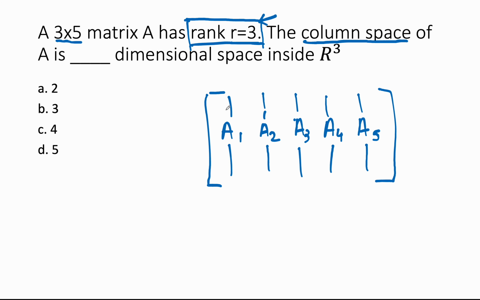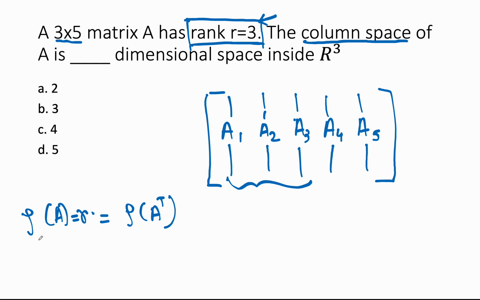So you can see that there must be 3 independent columns. So rank of A is equal to this, and rank of A transpose also will be the same. So there is no difference between the rank of A and rank of A transpose. If you see that, it will turn out to be the same.